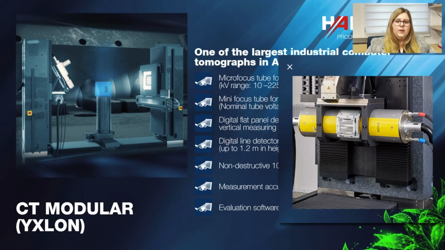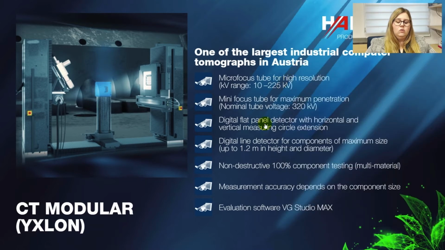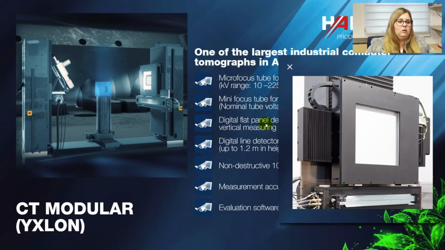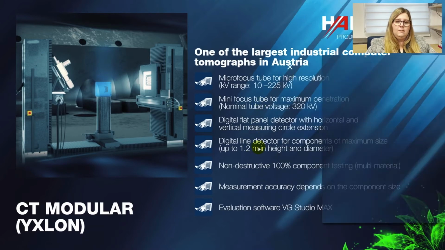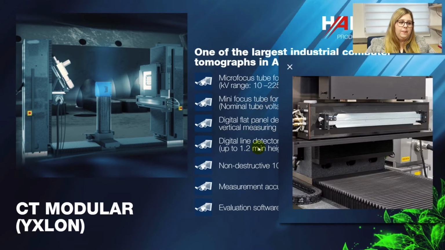We also have a minifocus tube. This is our workhorse with up to 320 kV. We also have two different types of detectors in our CT. On the one hand, we have the digital flat panel detector, which is a state-of-the-art detector we use for horizontal and vertical measurements.